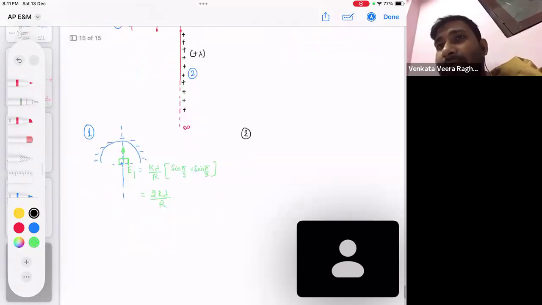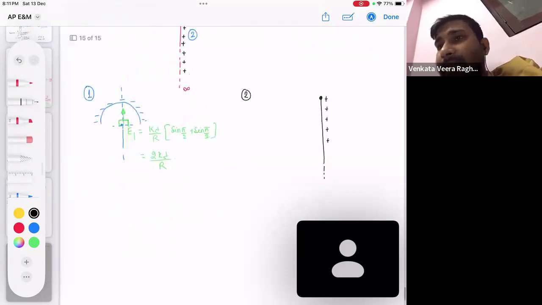For the second part, is this the wire given to us? This is one end of the wire. And where is the second end of the wire? The second end of the wire is extended up to infinity. And is this the point where I am trying to calculate it? What is the perpendicular distance?